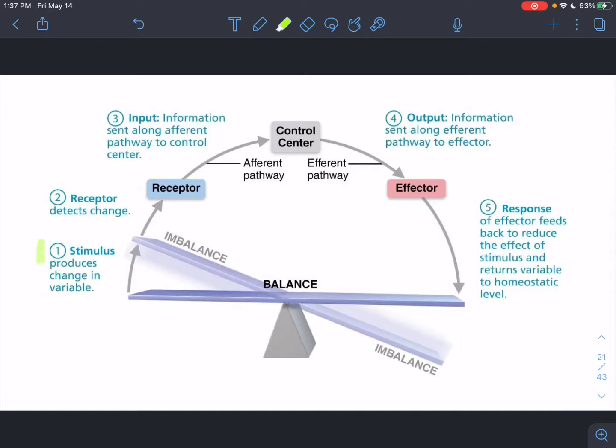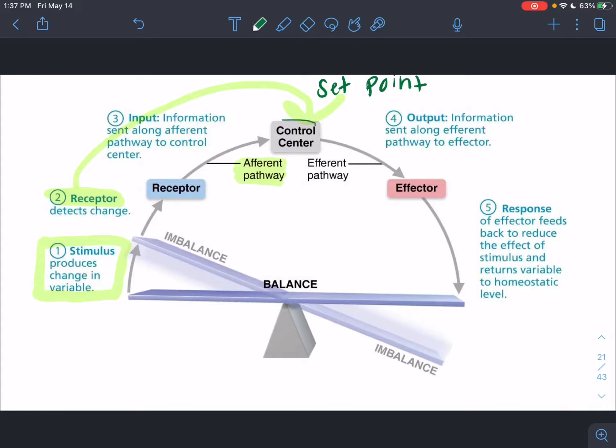Again, the first thing you have is your stimulus, right? So your body temperature change, for example. Your receptor is going to detect that change and send the information to the control center. Again, this is through the afferent pathway, what we just talked about. Your control center, again, is really important in determining the set point, so what the normal body temperature should be.